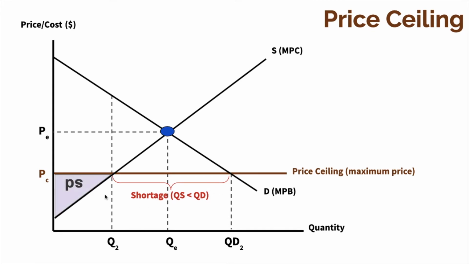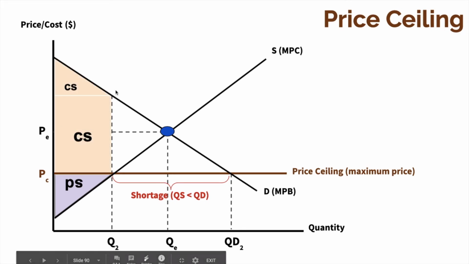Now, producer surplus has been limited to this area because these are the only producers who are still willing to participate in this market. Because of that, consumer surplus is going to take on this odd shape. Only the consumers from here to here, where we match with the number of producers left in the market, are going to have someone to buy this product from.